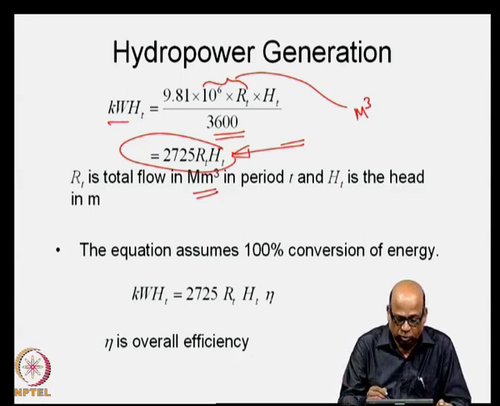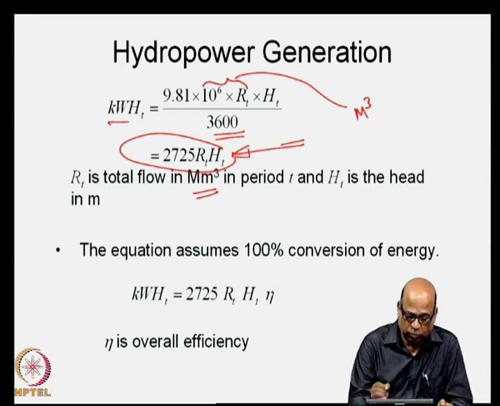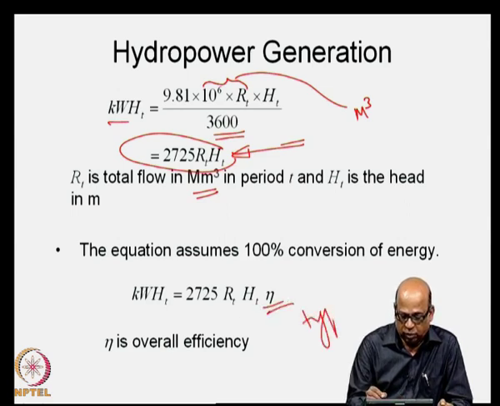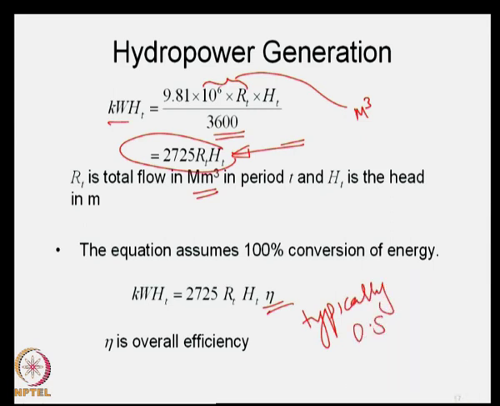So, we will have to use that and look at the kilowatt hours. So, eta is the overall efficiency here, typically of the order of 0.8. There are ways of determining this, but just remember it may be of the order of about 80%. So, this is the way that you get it in kilowatt hours.